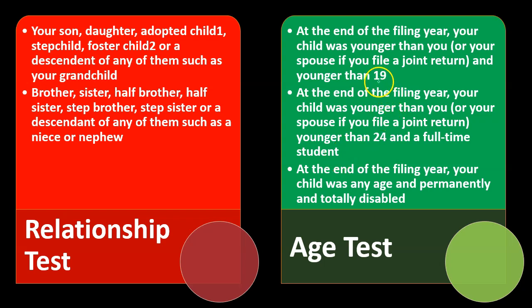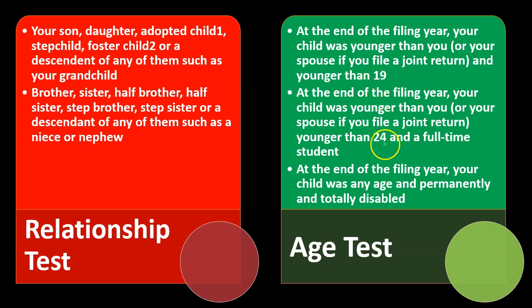So the general rule, you're going to think 19 is kind of the key number there, typically younger than 19. At the end of the filing year, your child was younger than you, and that would be an unusual situation where the child would be older than you, or your spouse if you file a joint return, younger than 24 and a full-time student. So general rule, younger than 19.